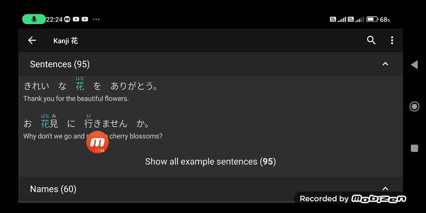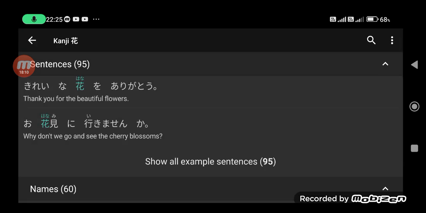This is not necessarily a question, but a type of sentence that looks like a question, but actually the tone for ka is not a rising tone but a level tone. Ikimasen ka, ikimasen ka. O hanami ni ikimasen ka, or shall we go and see the cherry blossoms?